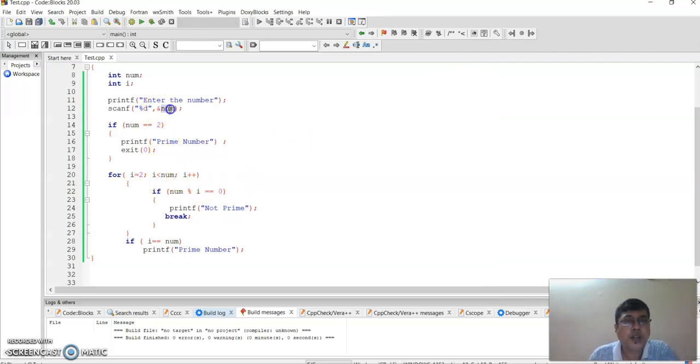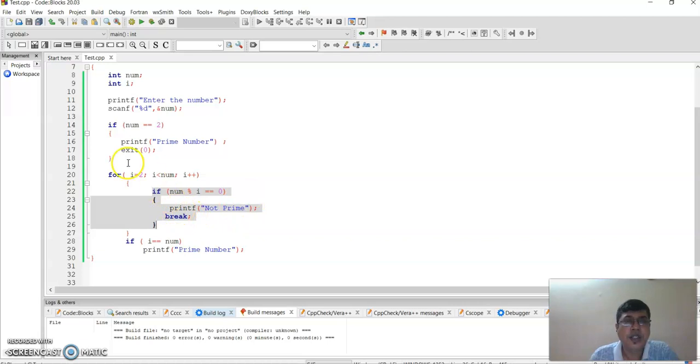So let me revisit. I want to find whether a number is prime or not. We know the definition of a prime number: it is divisible only by 1 and itself, or in other words, no number between 1 and the number itself divides it. So we check whether any number between 1 and the number divides it.